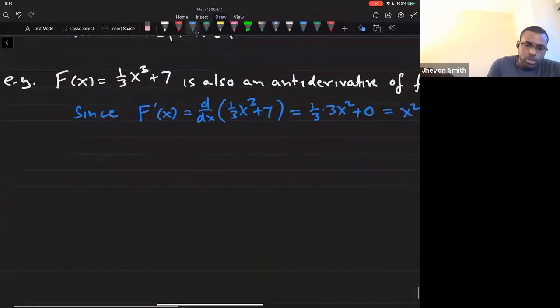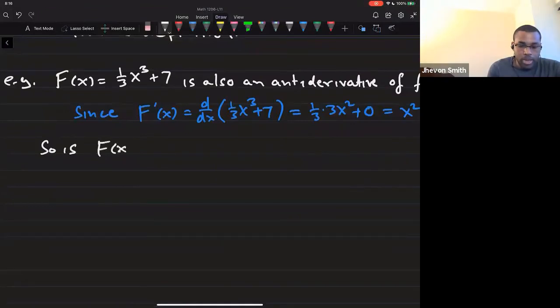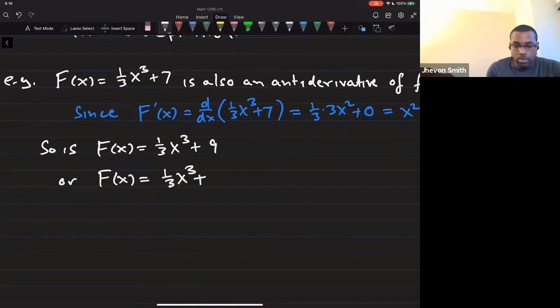And of course, so is, say, big F of x equals 1/3 x cubed plus 9, or big F of x equals 1/3 x cubed plus pi, or you kind of get the idea. We can, in fact, keep going.